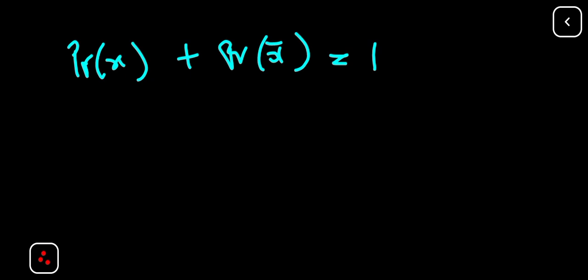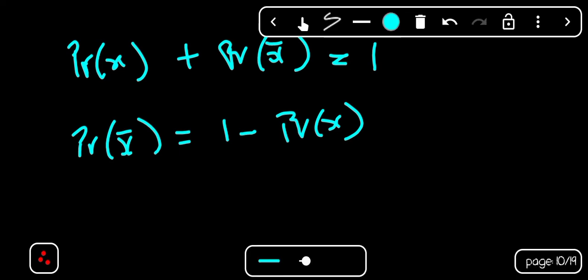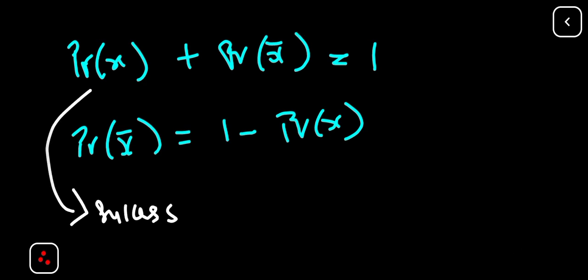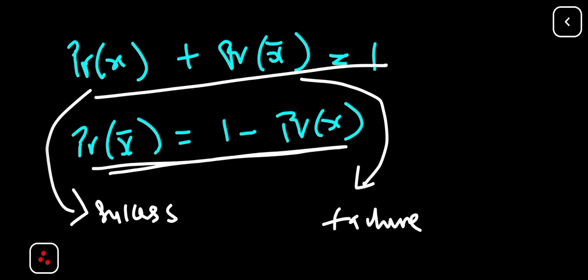Now the probability of failure, which is x bar, is equal to 1 minus the probability of success. So understand very well that this is for success and this is for failure. You understand this is derived from this equation.